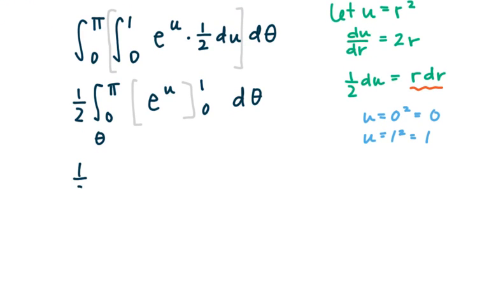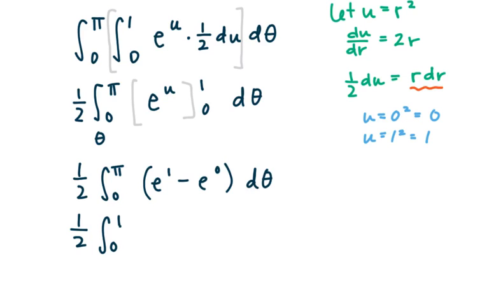So that is 1/2 the integral from 0 to pi of e to the 1 minus e to the 0 d theta. e to the 0 is 1, e to the 1 is just e. 1/2 the integral from 0 to pi of e minus 1 d theta.